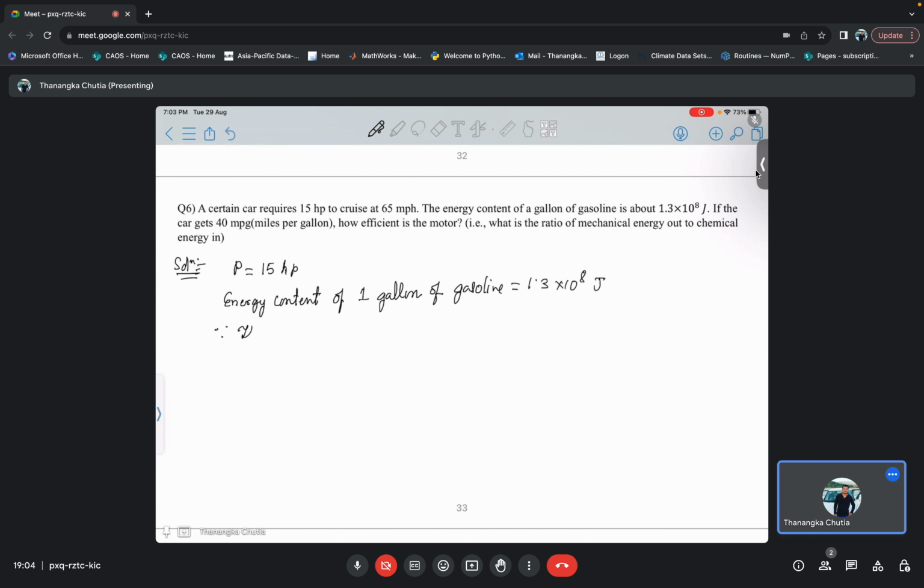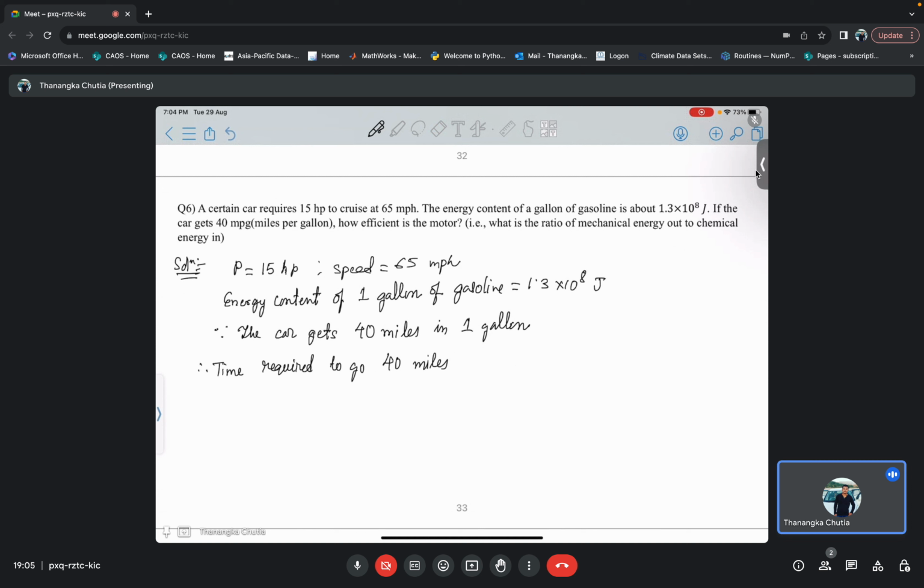And what it is telling us is that since the car gets 40 miles in 1 gallon, therefore the time required to go 40 miles, speed is given as 65 miles per hour.